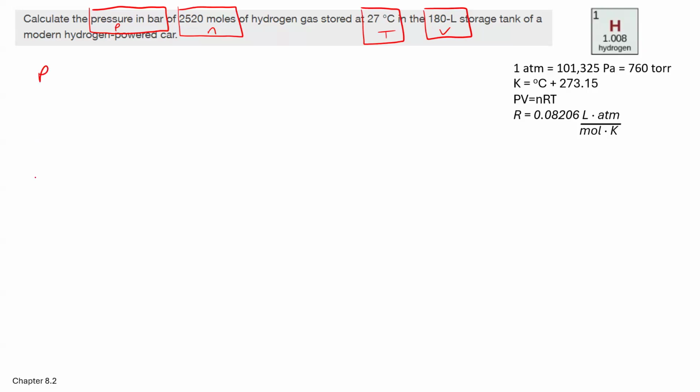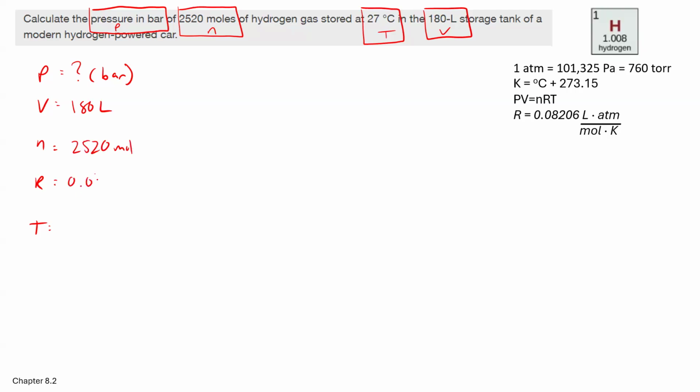Let's write these all out. PV, N, R, T. Pressure is, we're looking for that, and we'll just do a parentheses bar so that we remember how much that is. And we should figure out how much that is in the next slide. So volume is 180 liters. Moles 2520 moles.